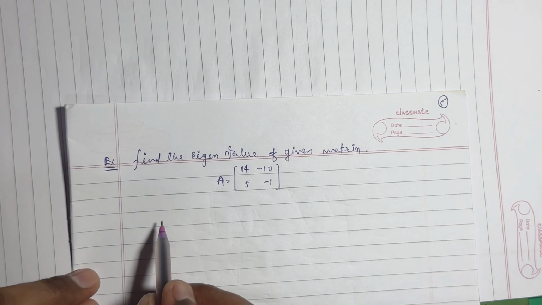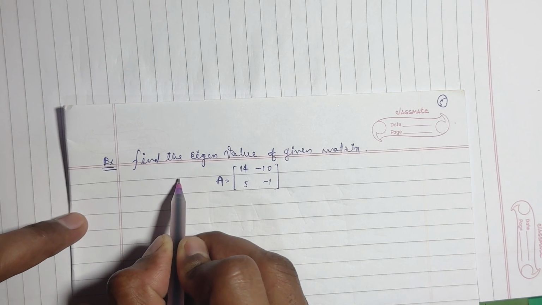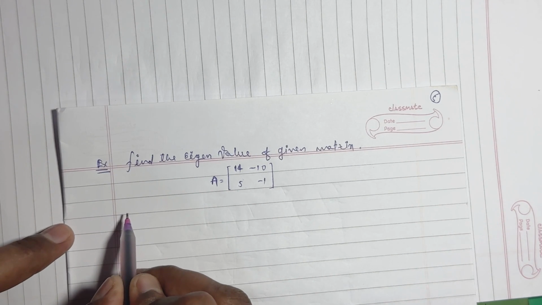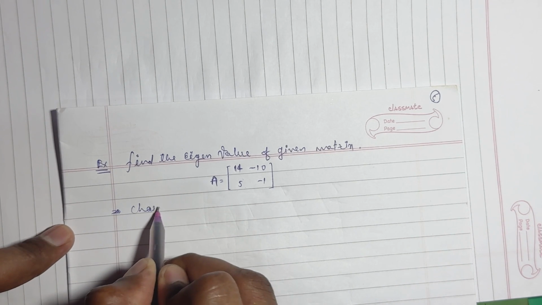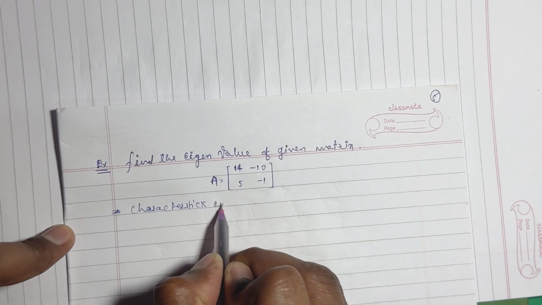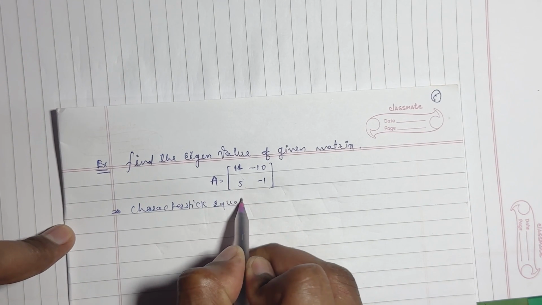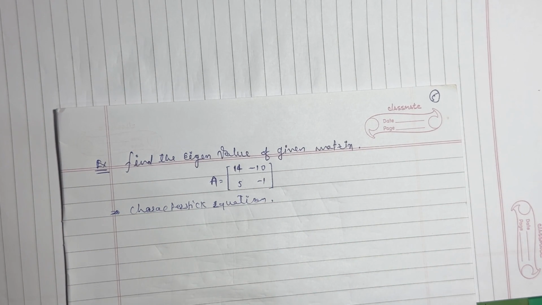First of all, this is our given matrix, and I will explain using the characteristic equation. What is the characteristic equation for finding the eigenvalues that we learned in our previous lecture?